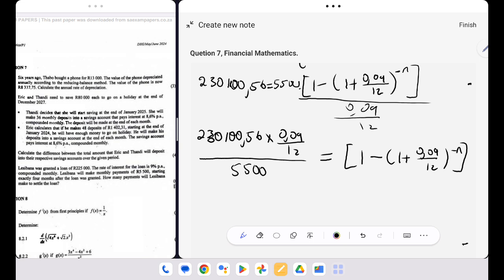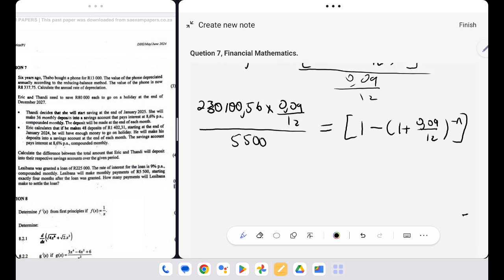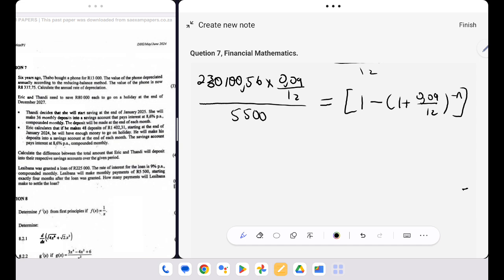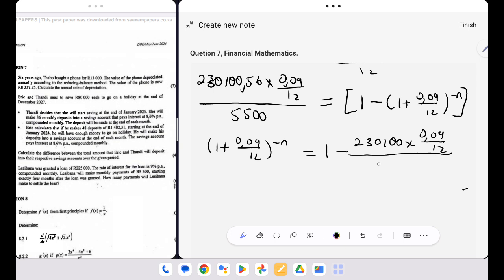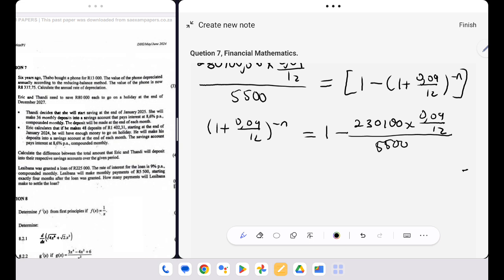So moving forward, I just need to isolate the brackets with the unknown. So I'll have 1 plus 0.09 over 12. Then I'll have 1 minus 230,100 multiplied by 0.09 over 12. This thing is divided by 5,500. Then I need to introduce logarithms.